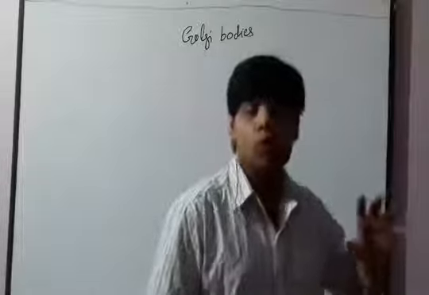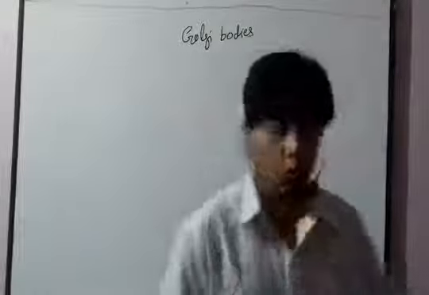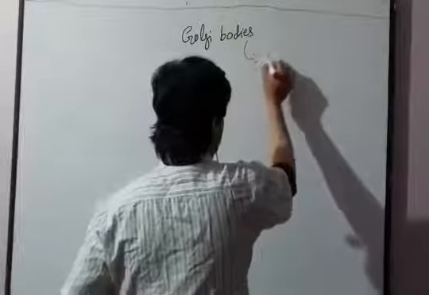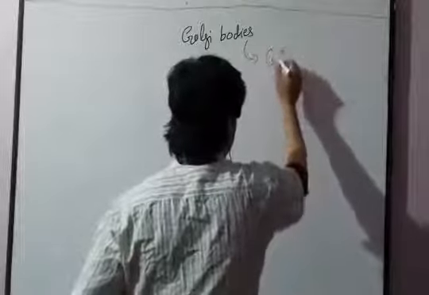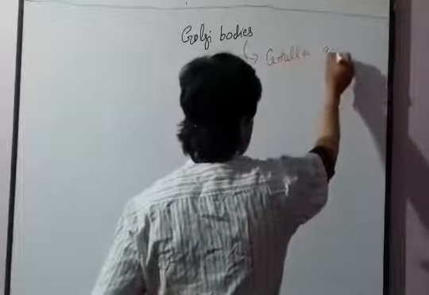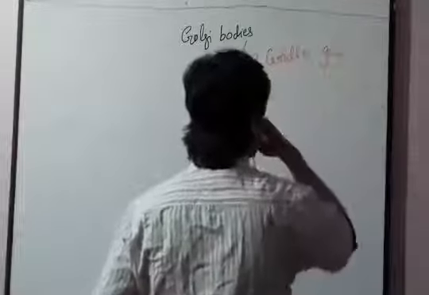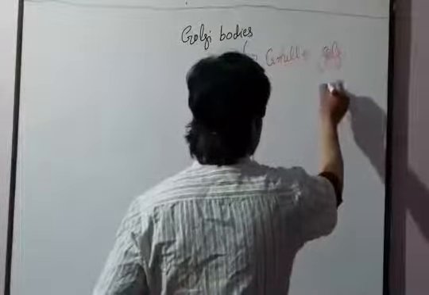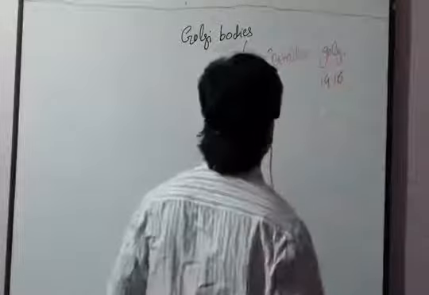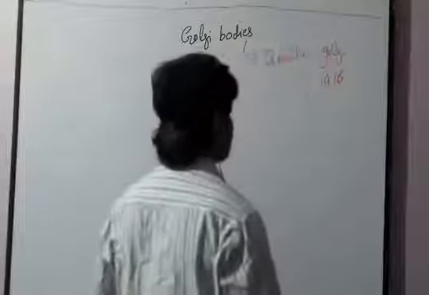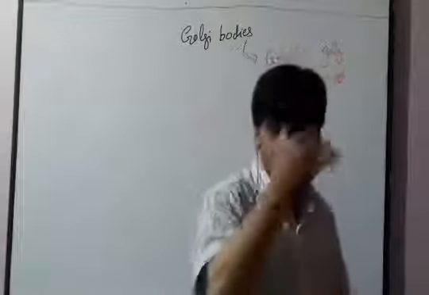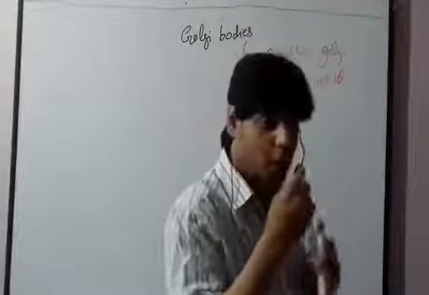The Golgi body, Golgi complex or Golgi apparatus was first discovered by a scientist we call Camillo Golgi in 1916. So that's why we call them Golgi bodies, Golgi complex or Golgi apparatus, because it was discovered by Camillo Golgi.